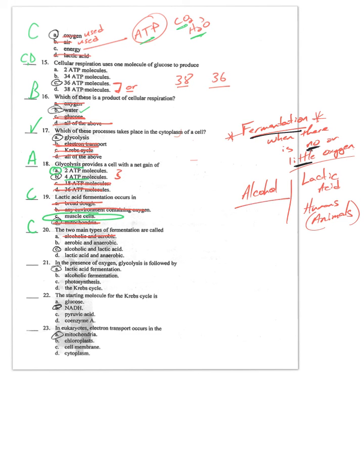And in alcohol, we're talking about bacteria and yeast, right? And yeast is used to raise bread. So anaerobic and aerobic are opposites, so that would not be working very well. And lactic acid and anaerobic, they're not the two types. So the answer is lactic acid and alcohol fermentation.